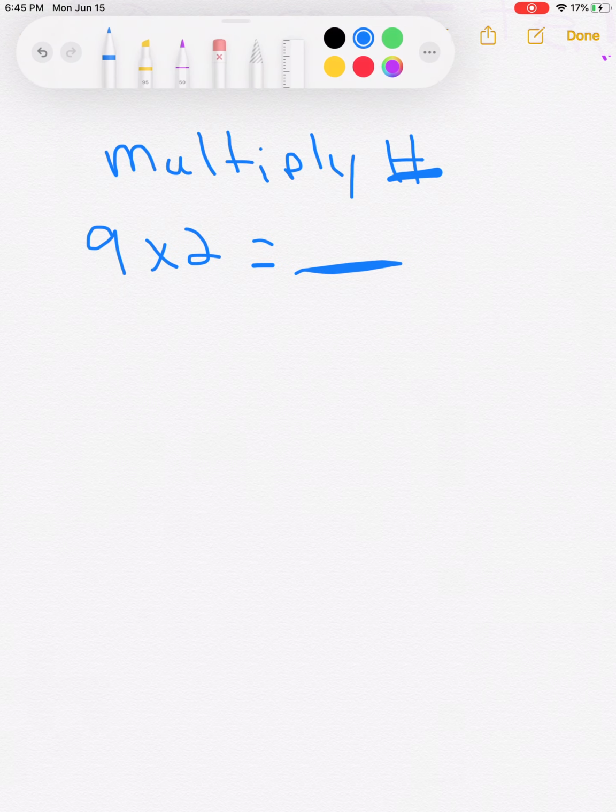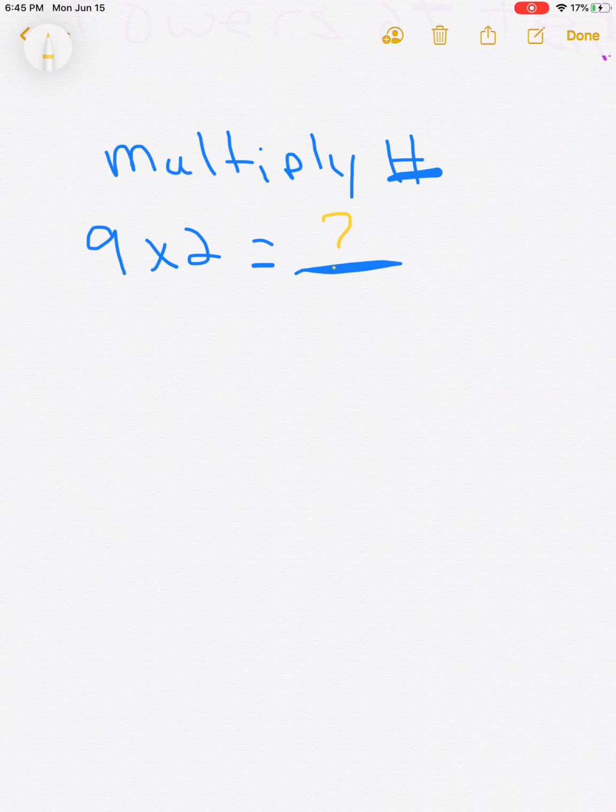I want you all to remember, when you multiply numbers, does your answer usually get smaller than the number you multiplied, or does your answer usually get larger? Think about it for a second. Let me give you an example. If I multiply 9 times 2, will this answer be larger than the numbers I started with, or smaller?